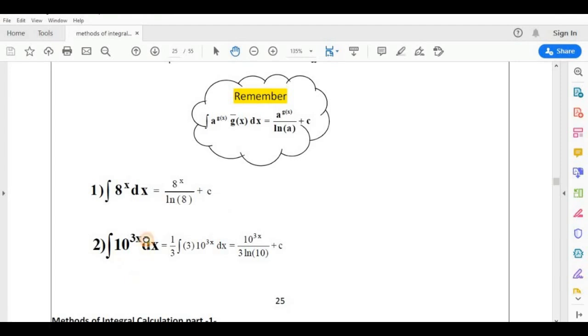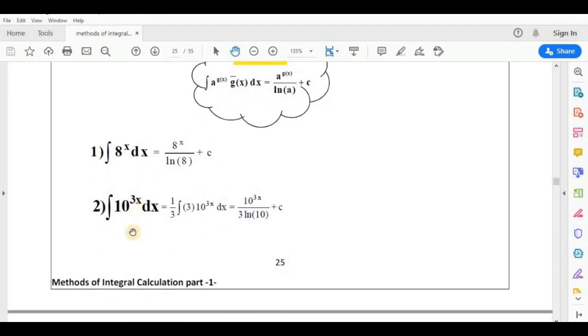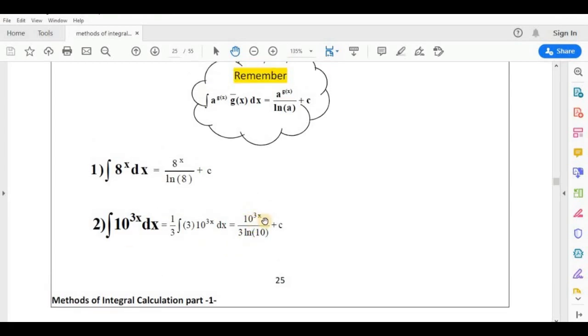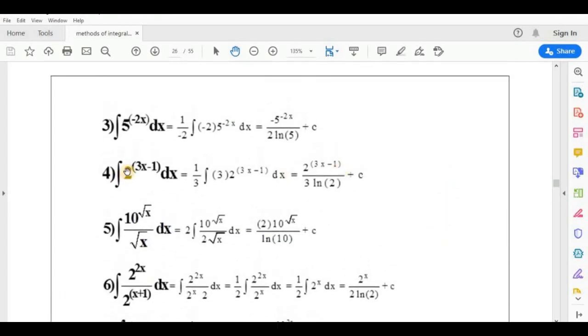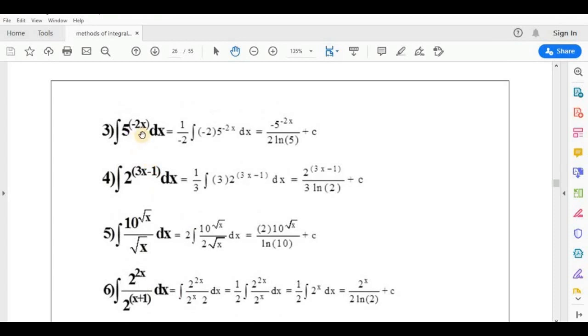For this one, what is the derivative of 3x? It will be 3, so we multiply by 3 in numerator and denominator, and we get the special form. So the result will be 10 to the power 3x divided by 3 ln 10. Same idea for all these functions. What is the derivative of this, minus 2x? It will be minus 2, so we multiply by minus 2 in numerator and denominator to get the special form for the integral for this type of function.